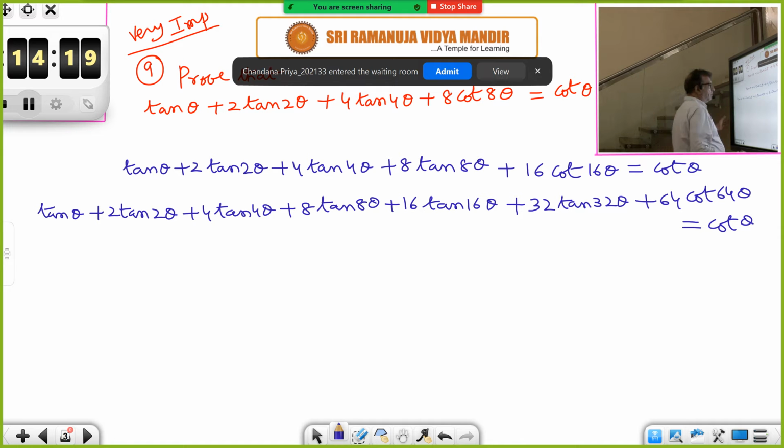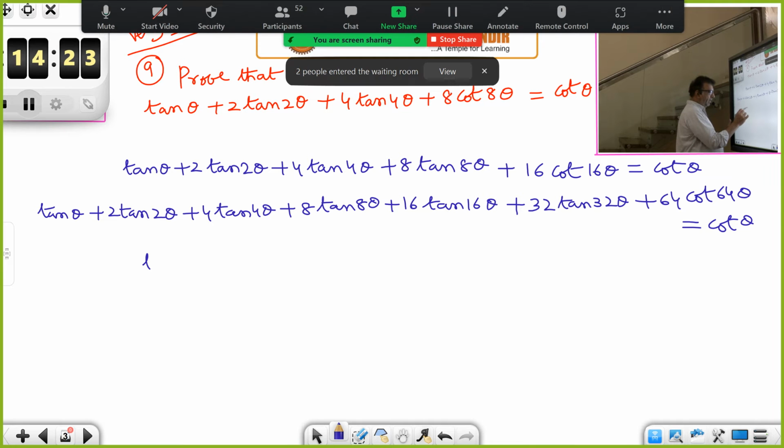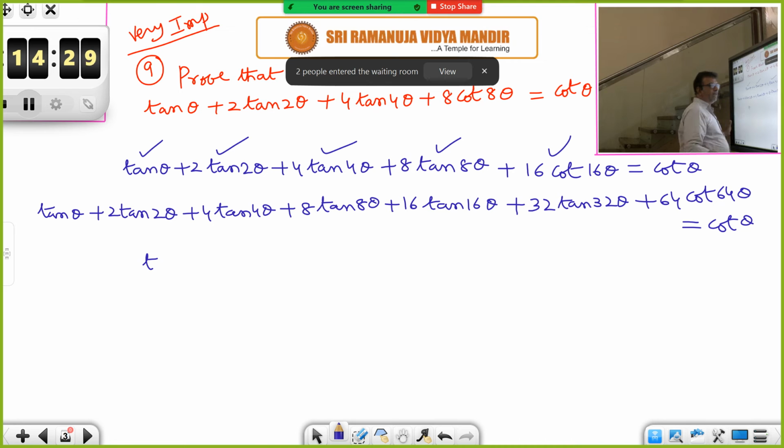You can reduce also. You can reduce the terms. How? Come on, anybody? Here 5 terms are there. 4 terms, somebody tell me. Sir, Shilpita. Shilpita, correct.